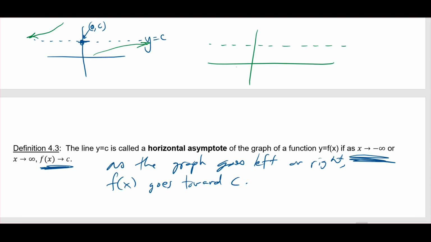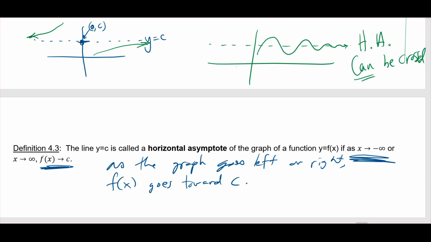In your mathematical future, you might explore functions that look like this, and that would keep going on and on forever. So horizontal asymptotes can be crossed, and we'll explore that in a bit as well.